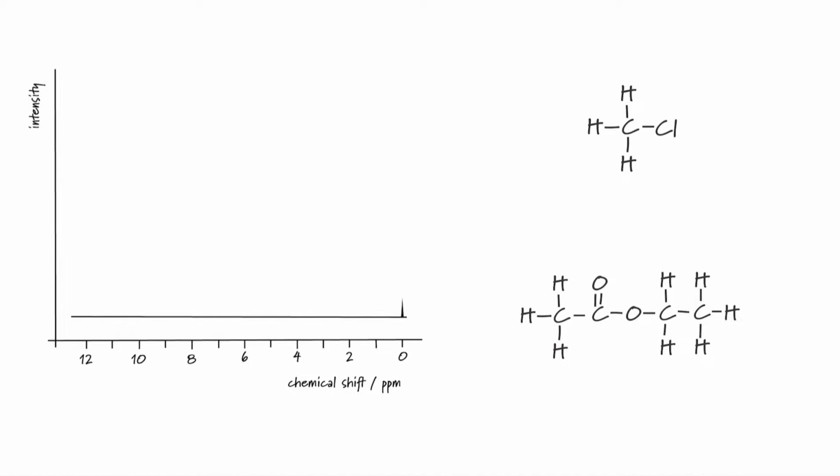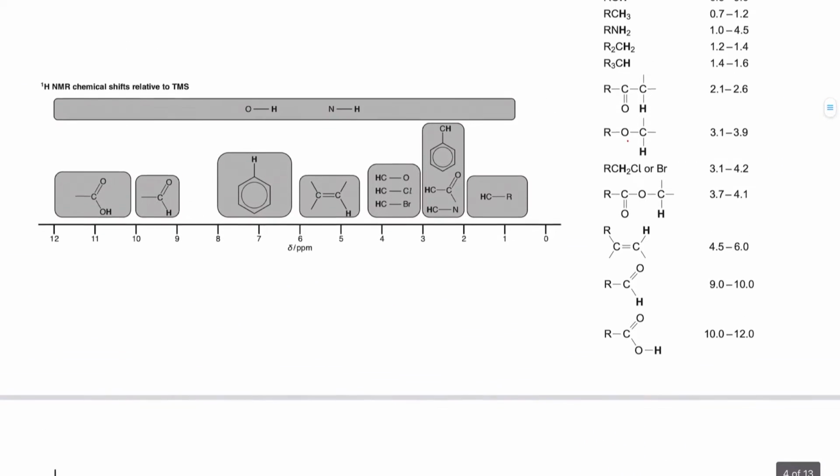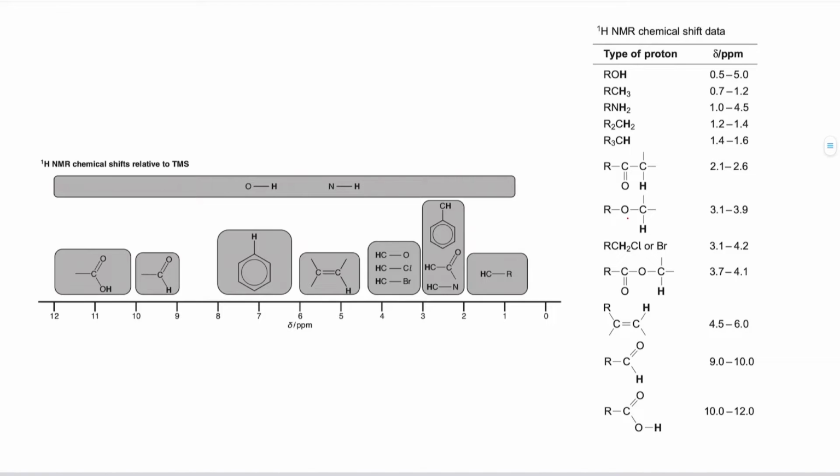So let's assign some chemical shift values to the protons of the molecules we've already looked at. Our first one was chloromethane. I've got 3 protons, each bonded to a carbon, and that carbon is bonded to a chlorine. So if I were to go back to my data sheet, I am looking for a proton bonded to a carbon adjacent to the chlorine.